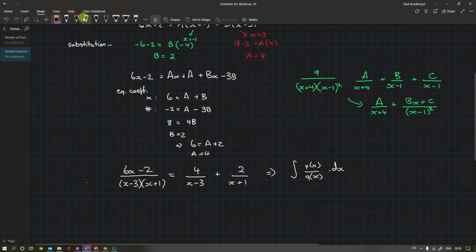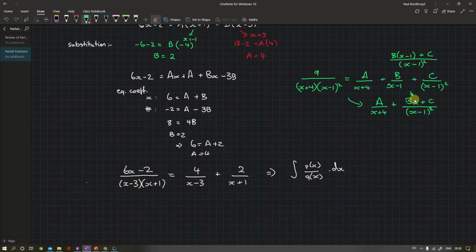What they're actually saying is that this can be rewritten as 3 terms, one for the x plus 4, one for the linear term that's being squared, and then another one for that term being squared. Because if you actually think about it, if we wanted to convert them into this, you would multiply this by b times x minus 1, add c, and they would both be over x minus 1 squared.